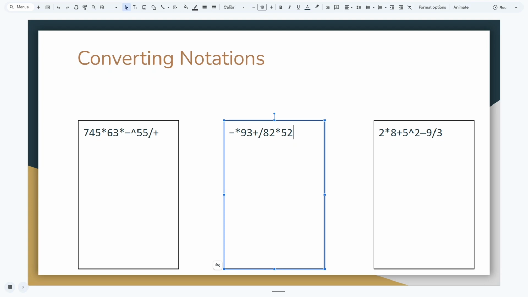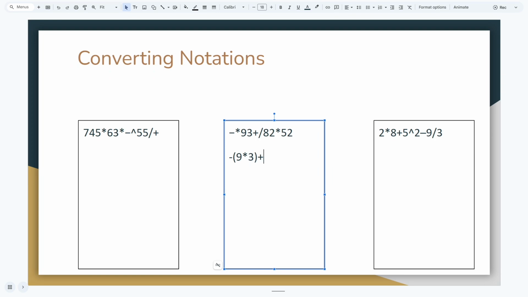So first let's convert it to infix. Where do we see it first? Over here, multiply 9, 3. So we first write the minus over here, put that in brackets, and just write 9 times 3, and close the bracket.